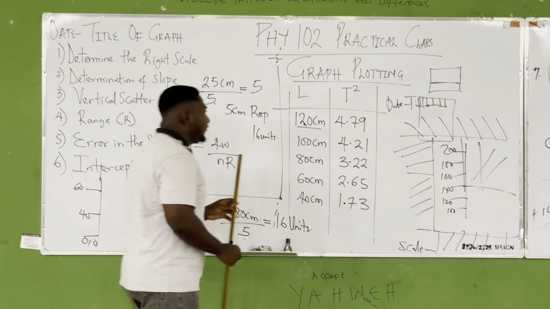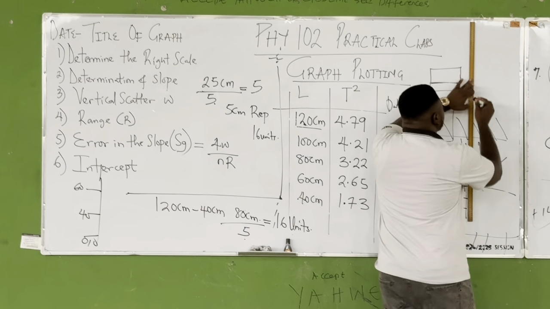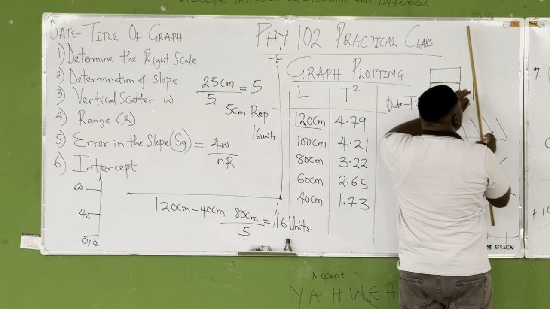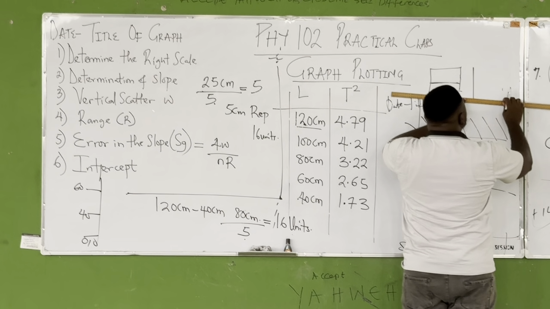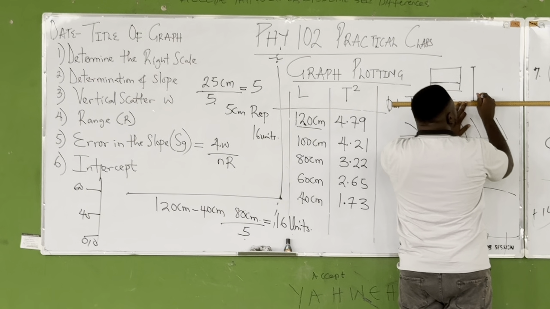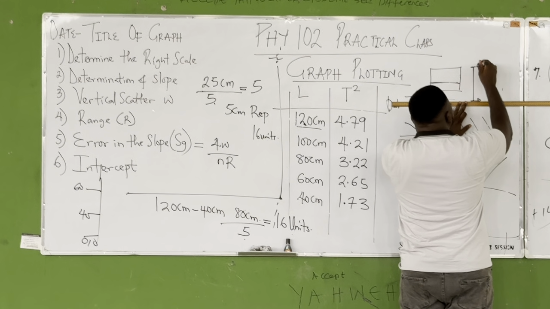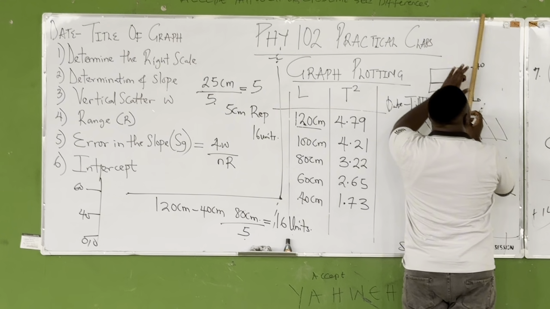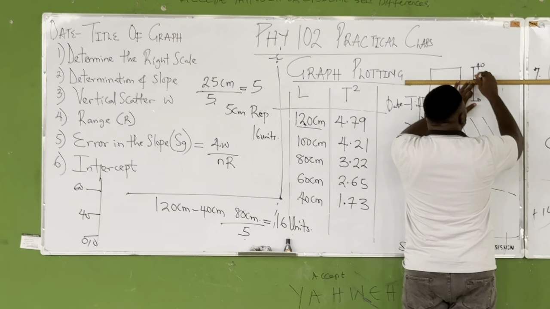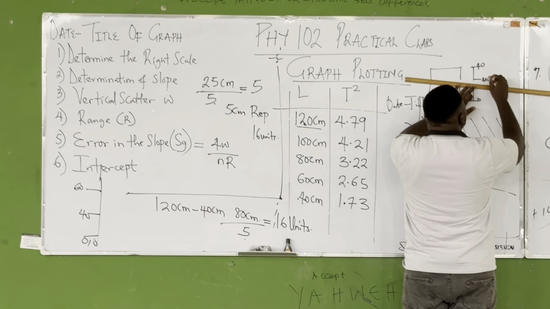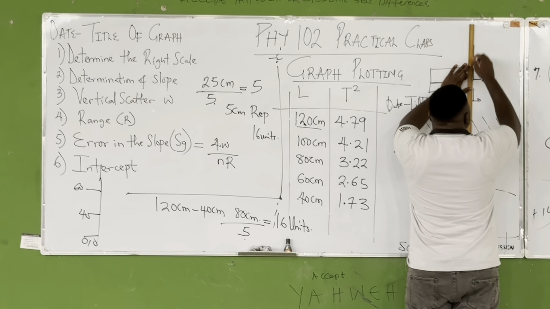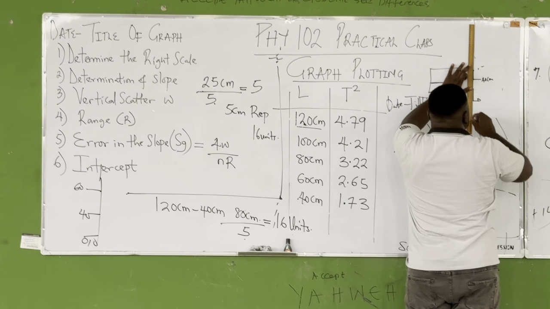So if you have your graph now, you have this. If this point to this point is 5 centimeters, this is the origin. This is now 40. Follow me.